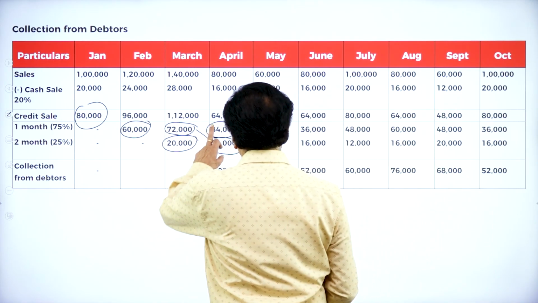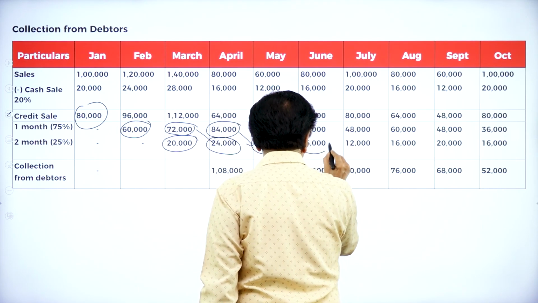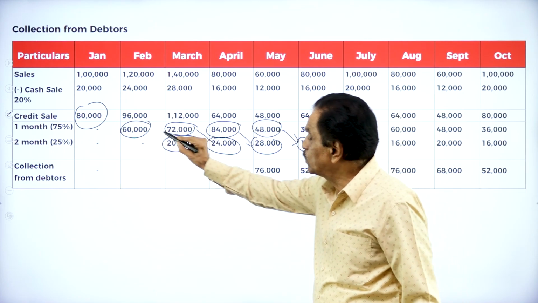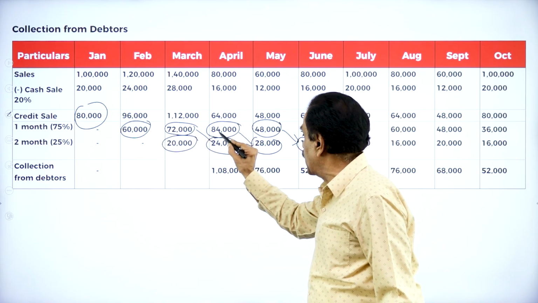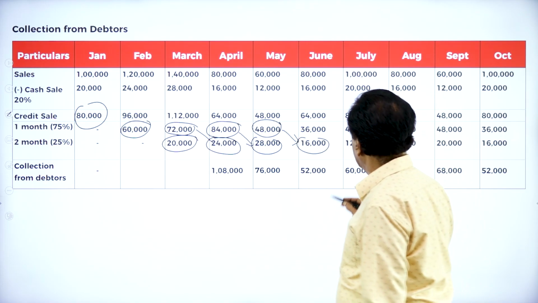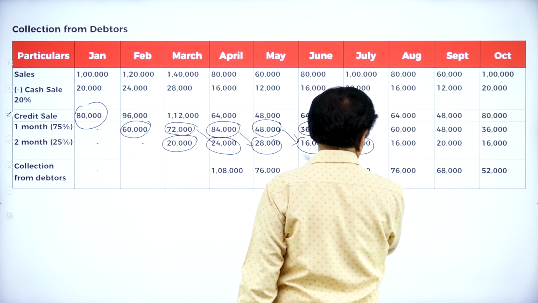Then 64,000: 80% means 48,000 here, 16,000 here. It will go like this. So it will go 60, 20, 72, 24, 84, 28, 48. Then on 48,000, 75% is 36,000, another 12,000.